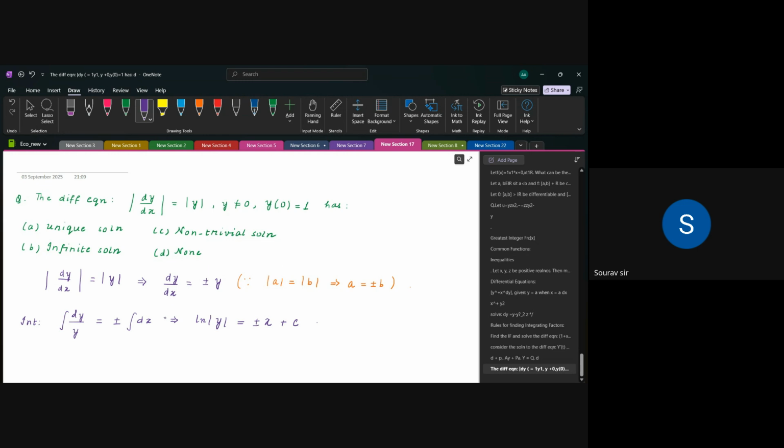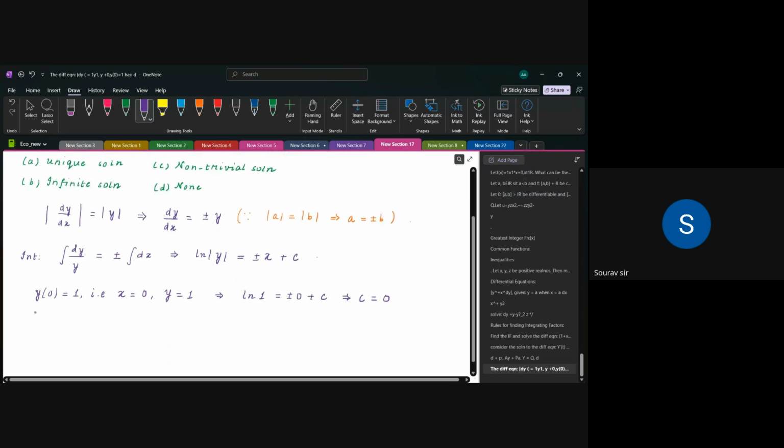So this is your general solution, and it is given y(0) equals 1. That is, when x equals 0, then y is 1. So if you put it over there, what will you get? Log of 1 equals plus minus 0 plus c. That means c is 0. Correct?